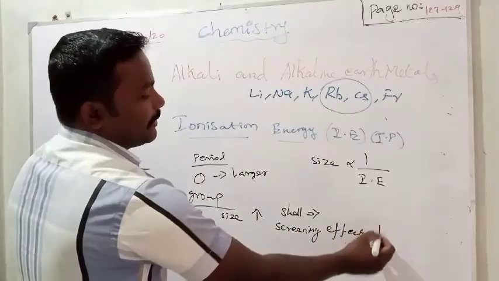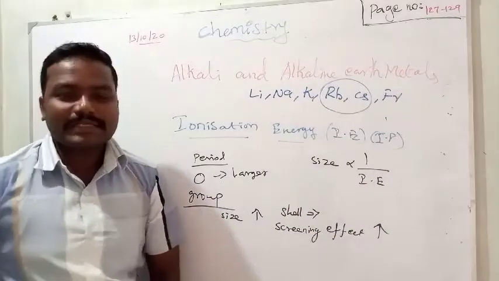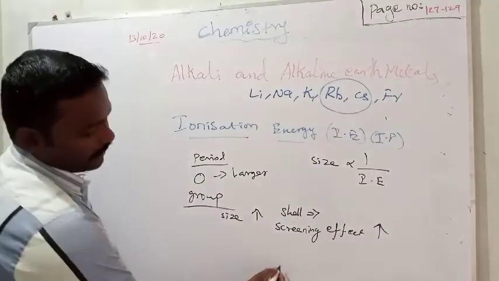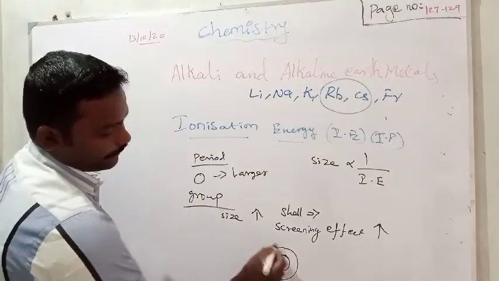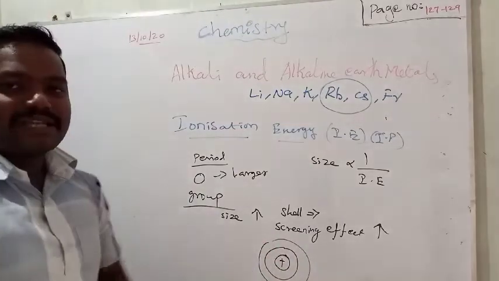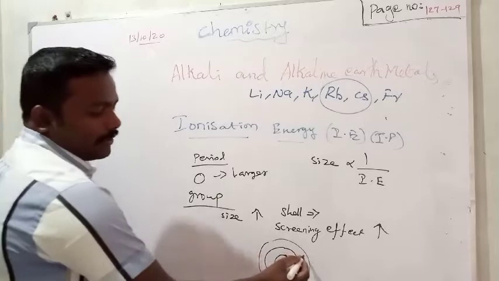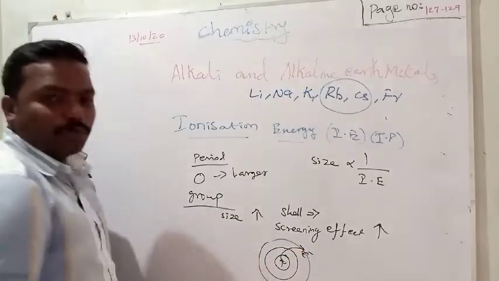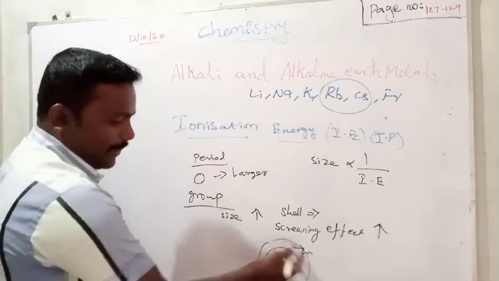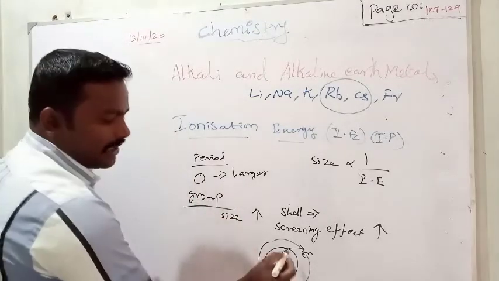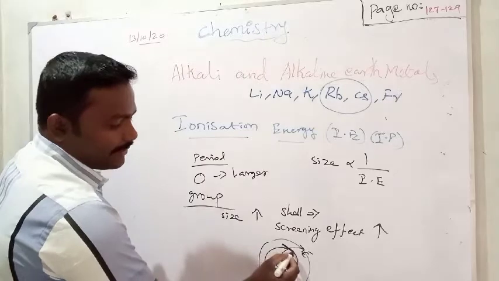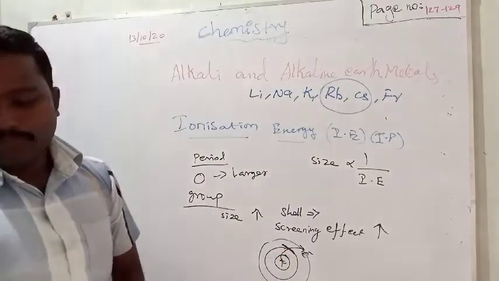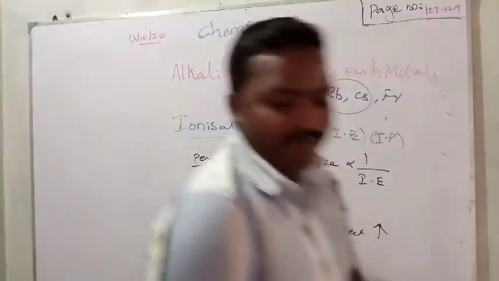What do you mean by screening effect? Screening effect is nothing but, if you take an atom with several shells, the positive nuclear charge may attract the electron up to the last shell, but it may be hidden or screened by the inner shell electrons. That is called the screening effect.